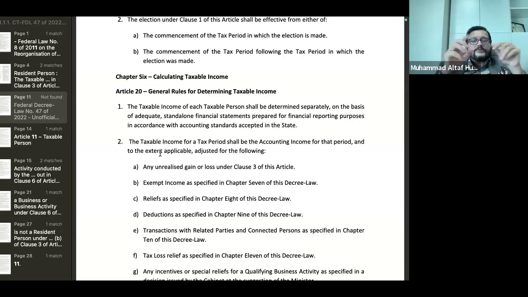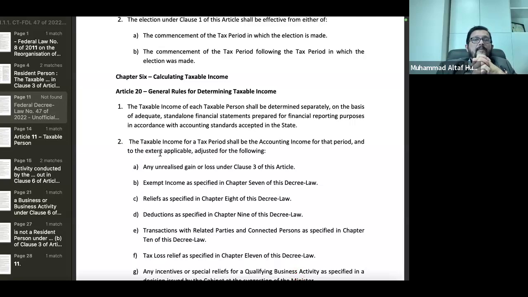The words used are global consolidated revenue. That by default means at least two jurisdictions. So if it is only a UAE based company earning 4 billion dirhams, it might not be treated as an MNE. Why? Because it does not have operations outside UAE.